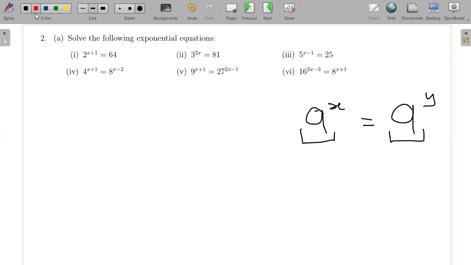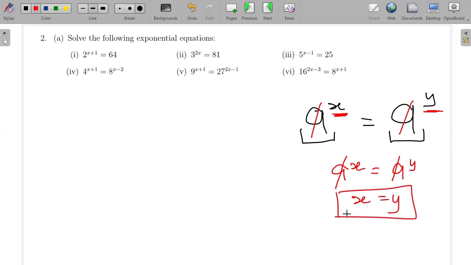So according to the laws of exponents, if the bases are the same, then the powers should also be the same. So if I have a to the power x is equal to a to the power y, then I can easily cancel out the bases. What I'm going to remain with will just be x is equal to y. So this property is what we are going to be using to solve these questions. We're going to be making the base here and the base on the other side equal, so that we can equate their powers and then solve for x.